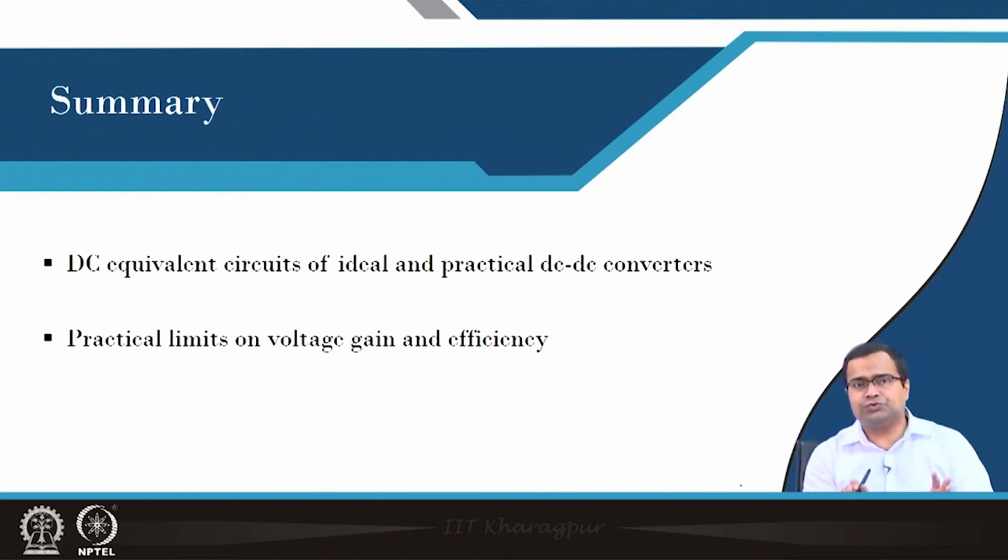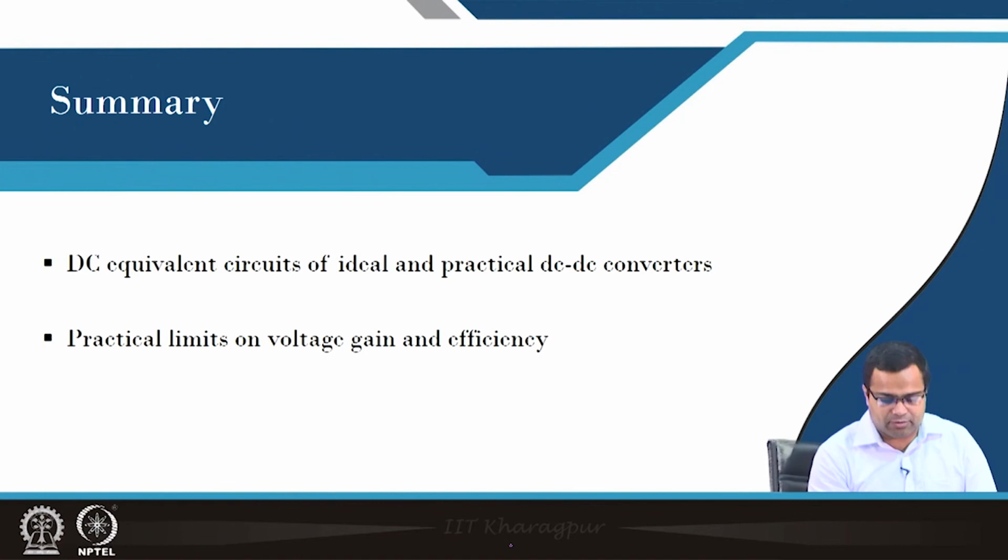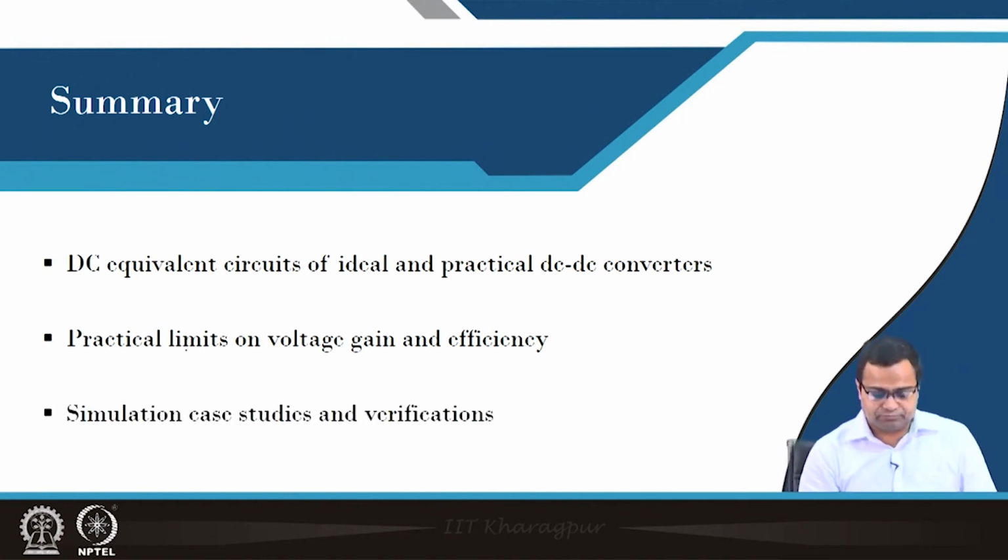But even if we choose a smaller on-state resistance and DCR by using a costly inductor, still this voltage gain will be limited when the load current increases. So, that means there are practical limits, and it is not recommended to use an ordinary boost converter for a high voltage gain application.